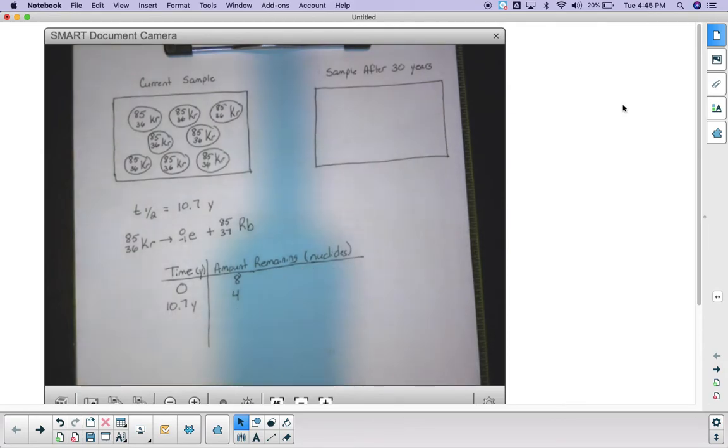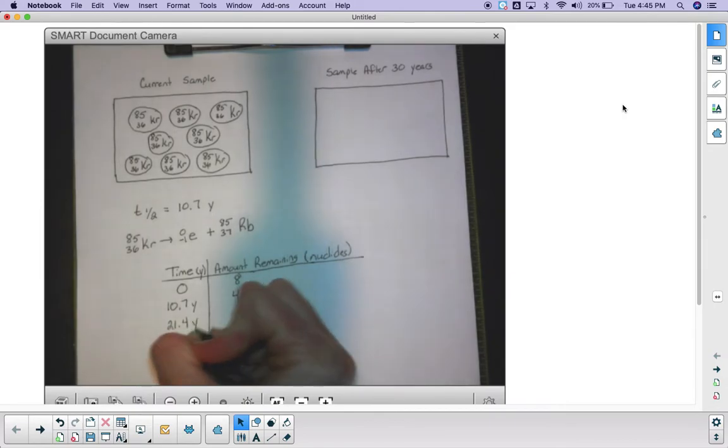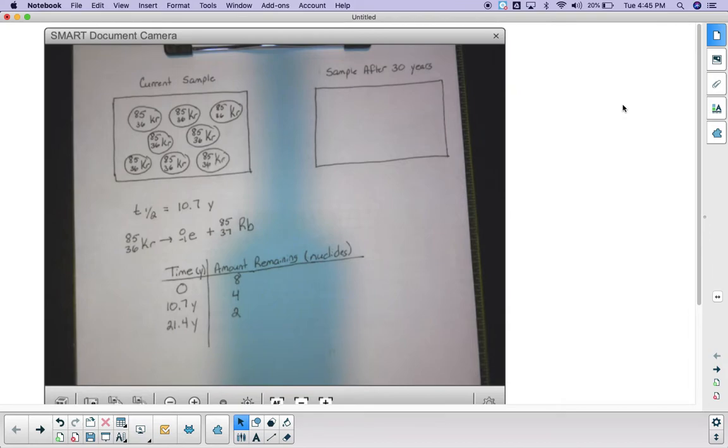So I have 4. After a second half-life has gone by, or a total of 21.4 years, that amount gets cut in half again, and I'm down to 2 nuclides remaining of my krypton.